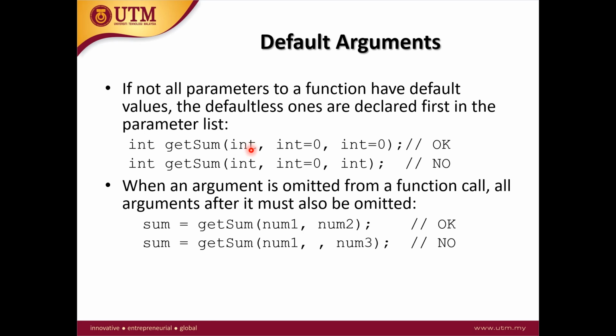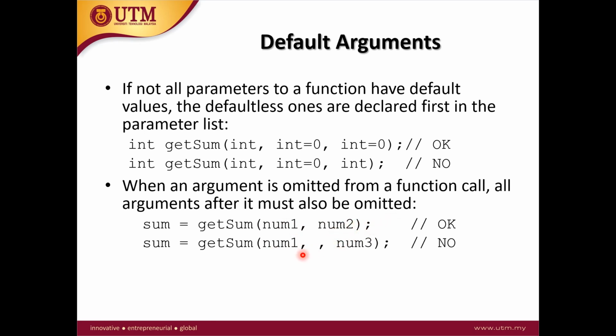Look at here, if an argument is omitted, is missed in a function call, all arguments after it must also be omitted. For example, we may have some function with 3 parameters, but we are only passing 2 of them, so the third one is going to be the default one.